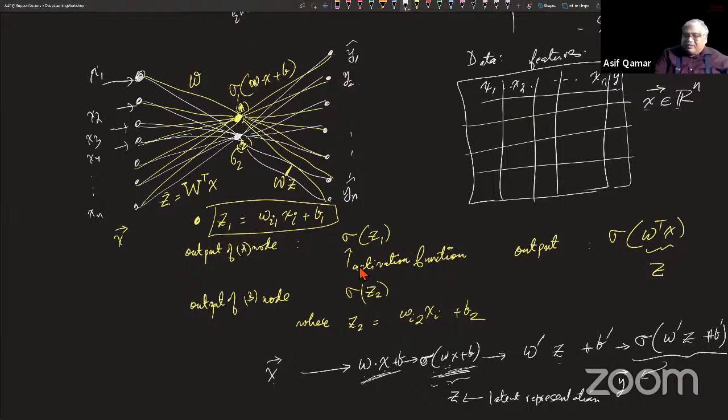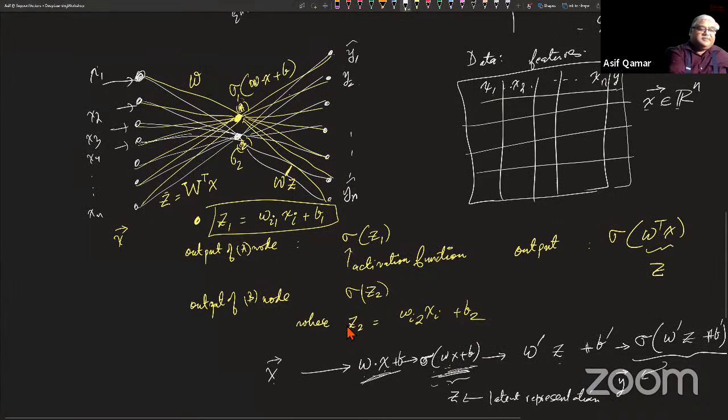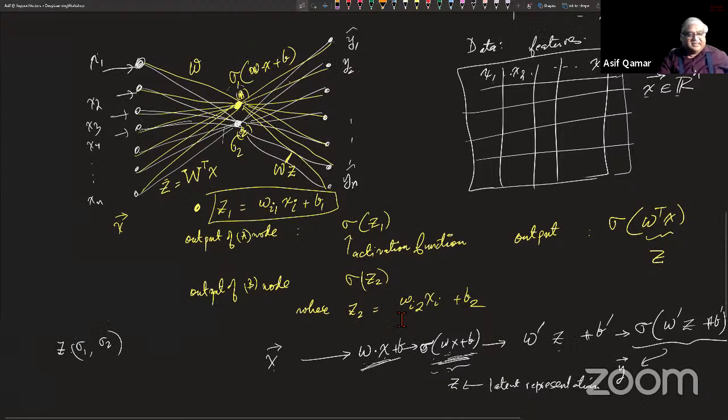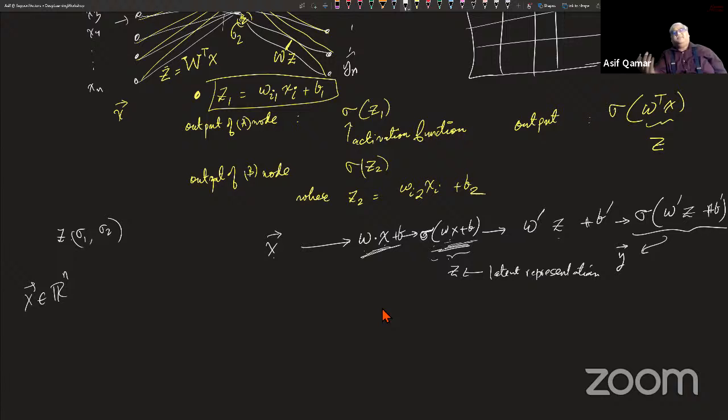So if you think about it geometrically, this Z is basically made up of sigma 1, sigma 2 activations from these nodes A and B. So geometrically, you're saying a point, the x vector, belongs to a very high dimensional space. Let's say it was in 100 dimensional space, and Z belongs to R2 in this particular example, because we just took 2 nodes. And what we are doing is we are projecting.